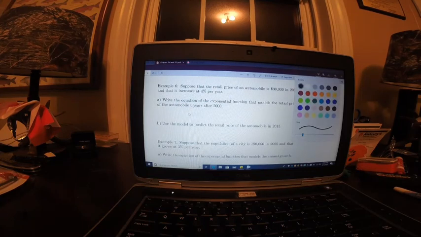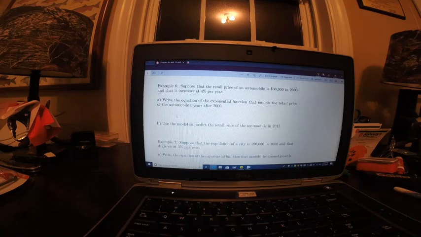So remember, the equation that we're going to use is y equals a times 1 plus r to the x. Here we're using a t instead of an x, so I'll replace that. Our initial value here is $30,000.